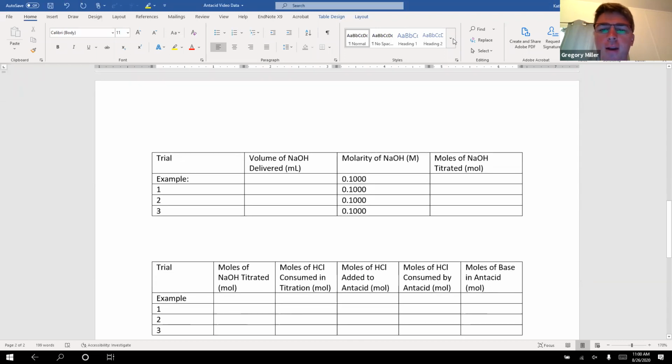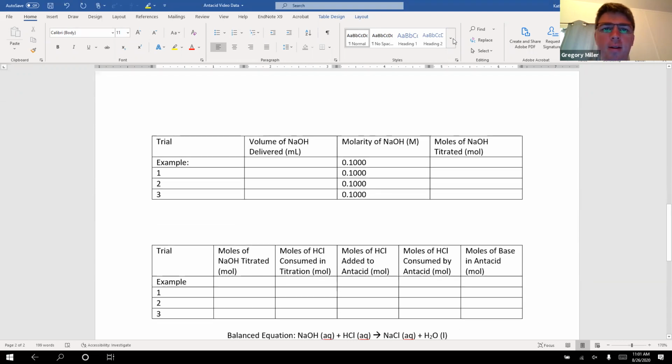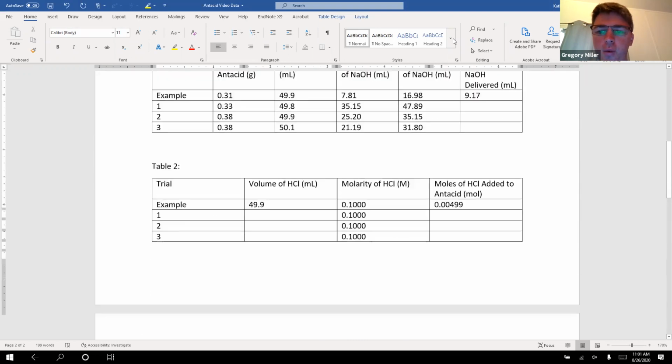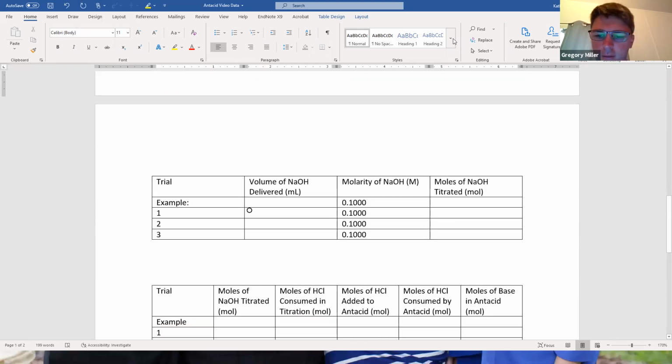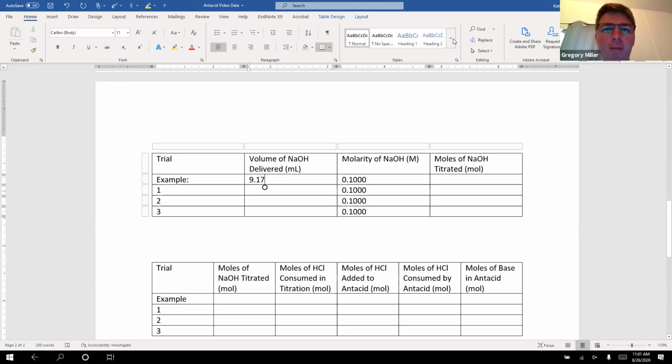So now we're trying to find the moles of NaOH titrated. So the volume delivered of NaOH is what we found up above, 9.17. And we're doing basically the same mathematical calculation, just with different values of different chemicals.